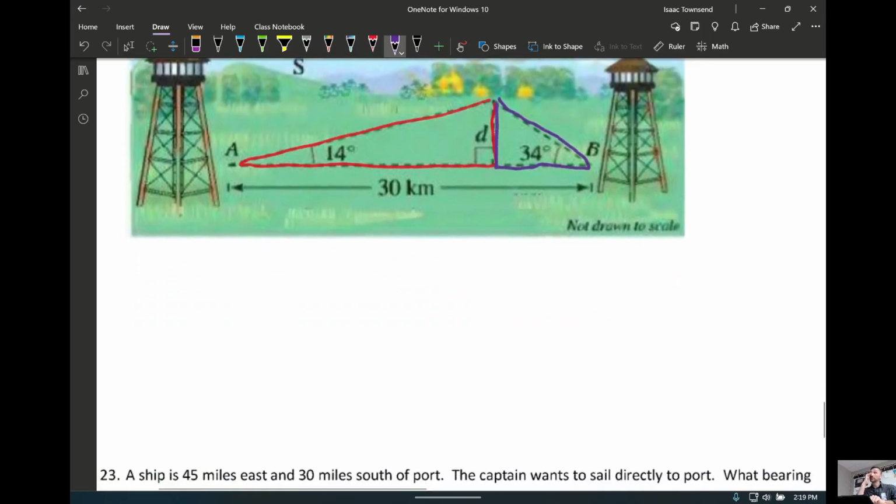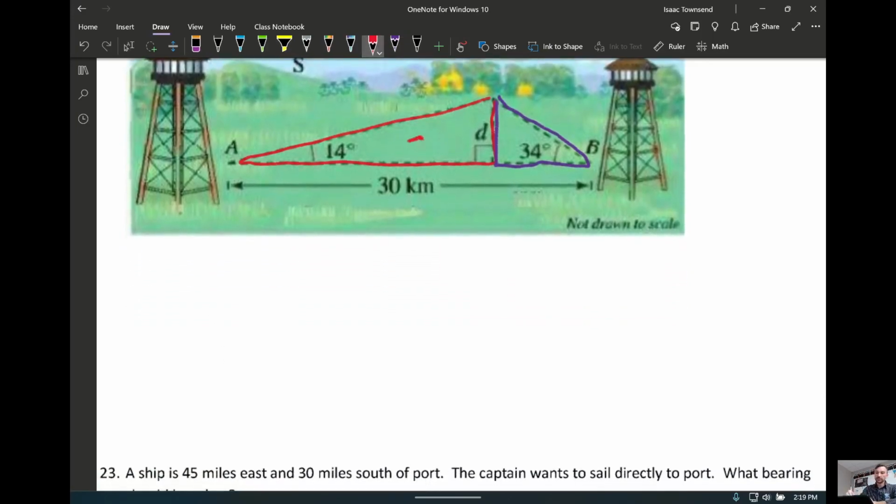So you can start a SOHCAHTOA equation from this one. You could say from 14 degrees, I know the opposite is D, and I know something about the adjacent, so that would be tangent. Tangent is opposite over adjacent. But this length is not 30. The whole thing is 30.